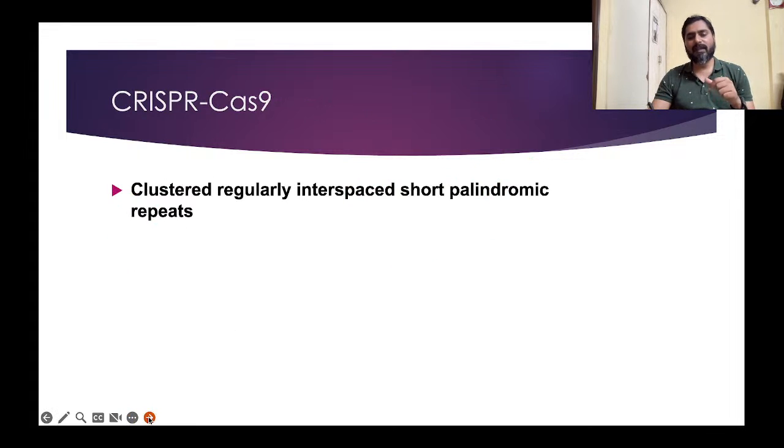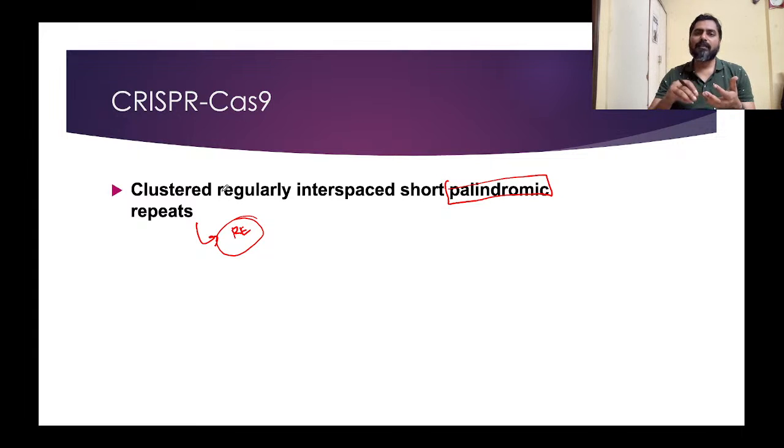So what is this CRISPR-Cas9? If you look at the full form, CRISPR stands for clustered regularly interspaced short palindromic repeats. So what is this palindromic repeat? CRISPR-Cas9 is one of the popular gene editing tools, and in this we are using the restriction enzymes produced by bacteria.